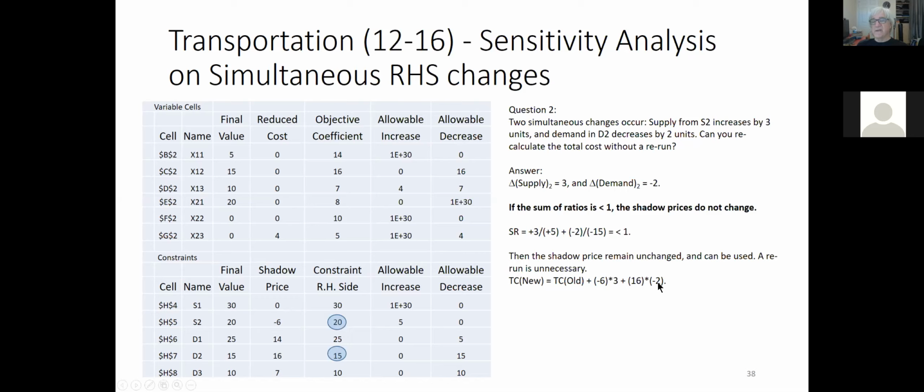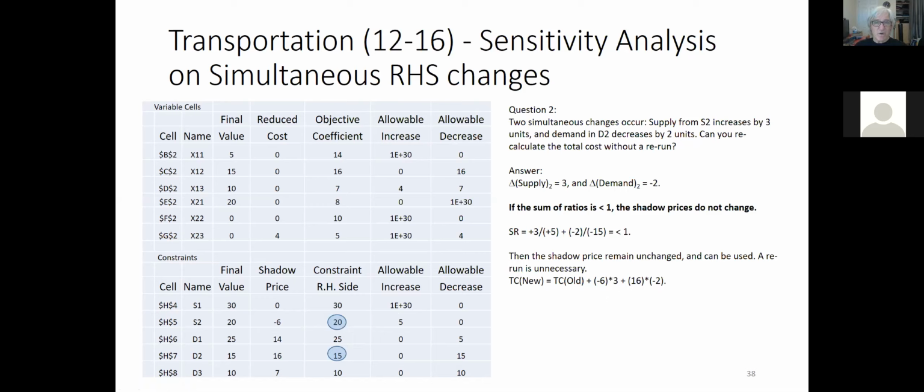Both give you savings in the total cost. The first one is because you can ship more efficiently, because you can balance your shipments in a way that you couldn't before the supply increased by 3 units. And the second one is because before you needed to meet 15 units of demand, and now you can meet only 13.